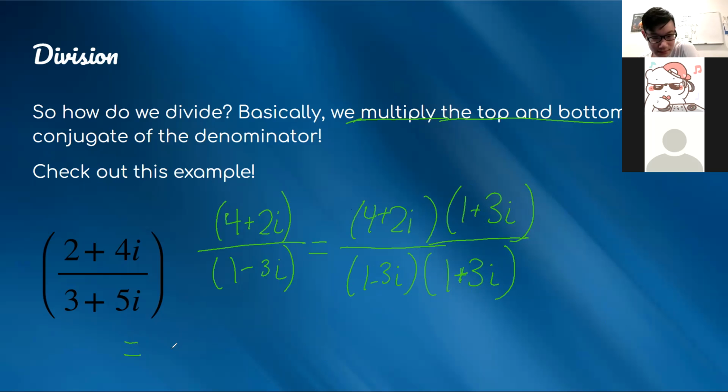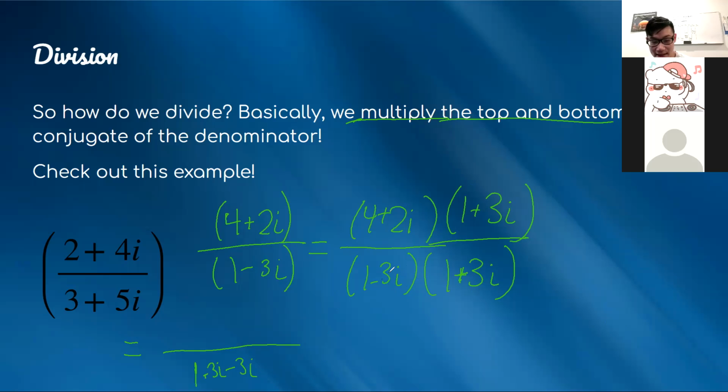And we can confirm this by actually doing it, right? What's 1 times 1? That's just 1. 1 times 3i is just 3i. So plus 3i. And then negative 3i times 1, negative 3i.